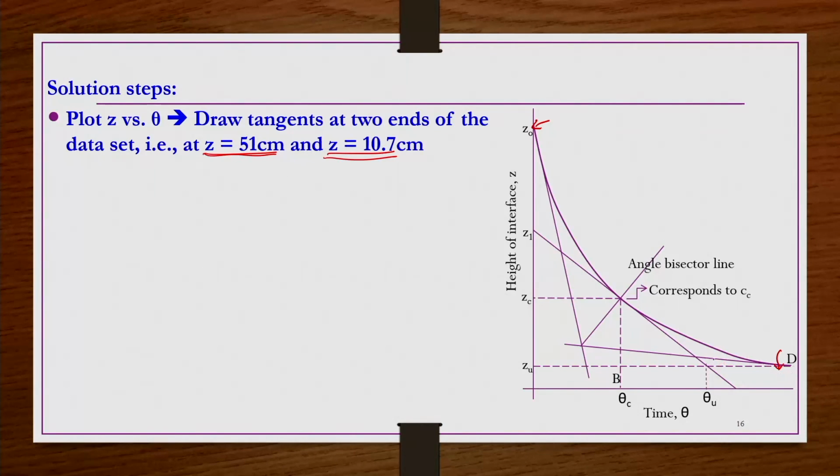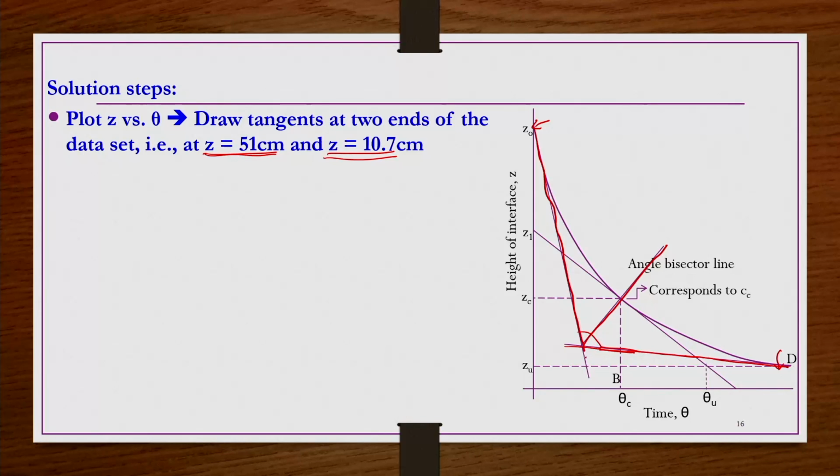At these 2 points you draw tangents like this, which we have already done, and then extend the tangents so that they intersect. They intersect at a certain angle, so you divide that angle into 2 equal parts and draw an angle bisector line and extend it towards the z versus theta curve.